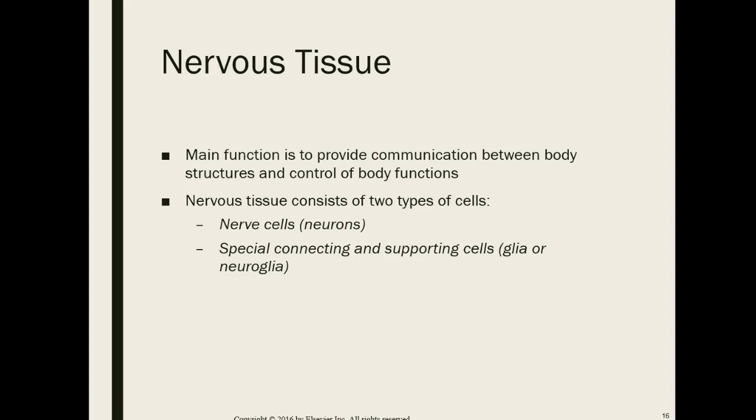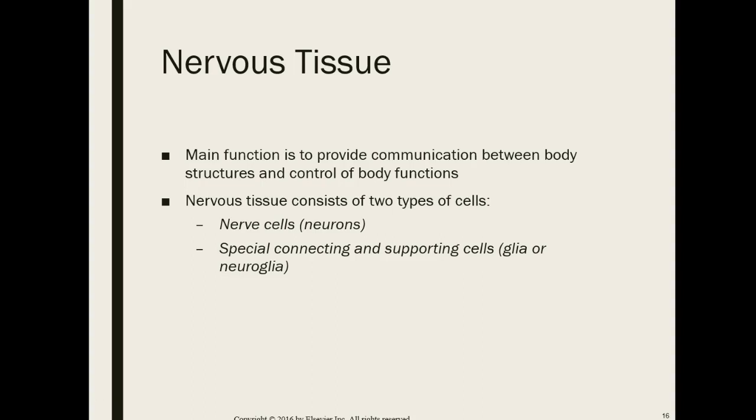Our last tissue type is going to be nervous tissue. So main function is to provide communication between body structures and control of body functions. Within this tissue type, there's 2 different cells. So we have our nerve cells, which are also known as our neurons.